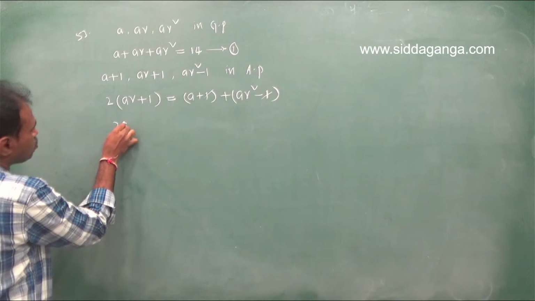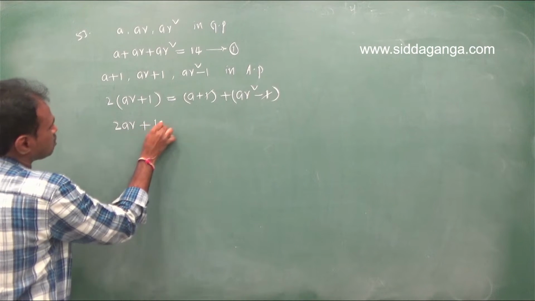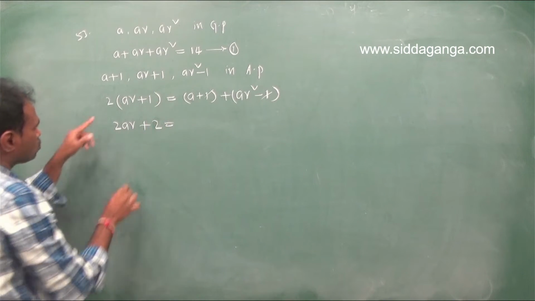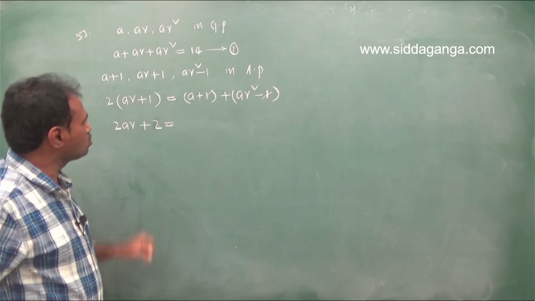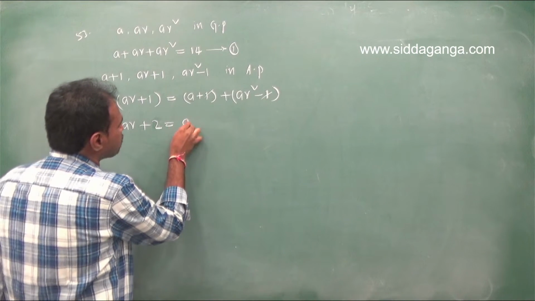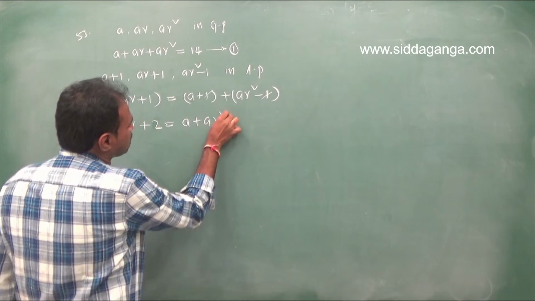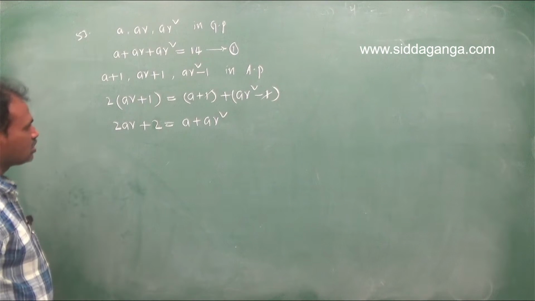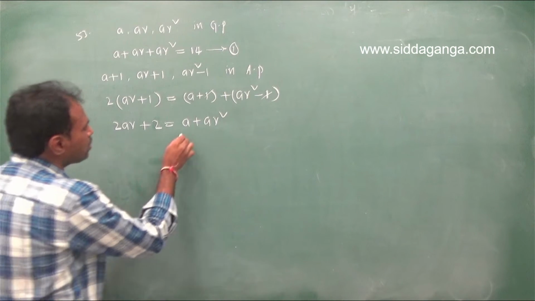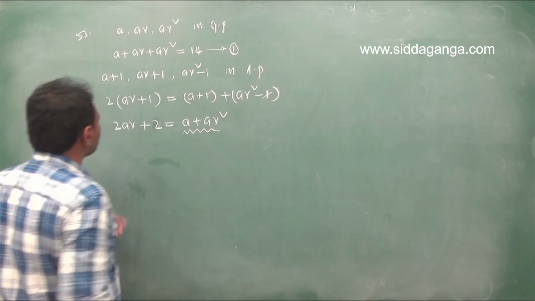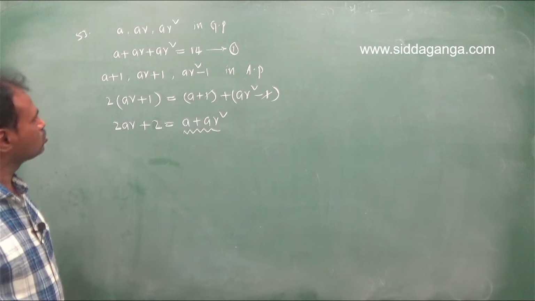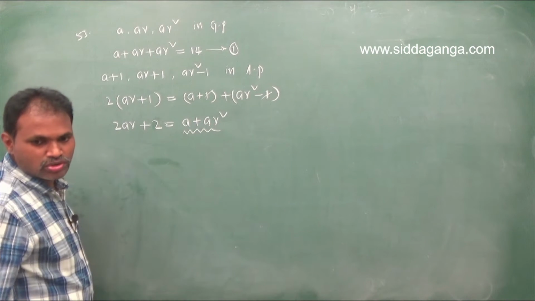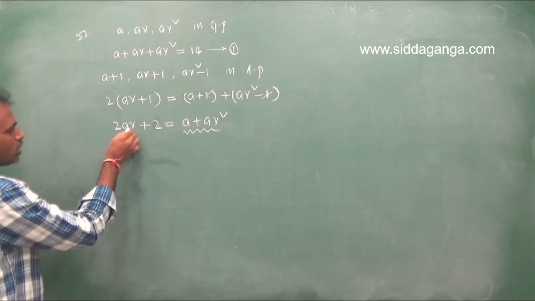That is 2AR plus 2, equal to A plus AR square. Now A plus AR square equals 2AR plus 2.